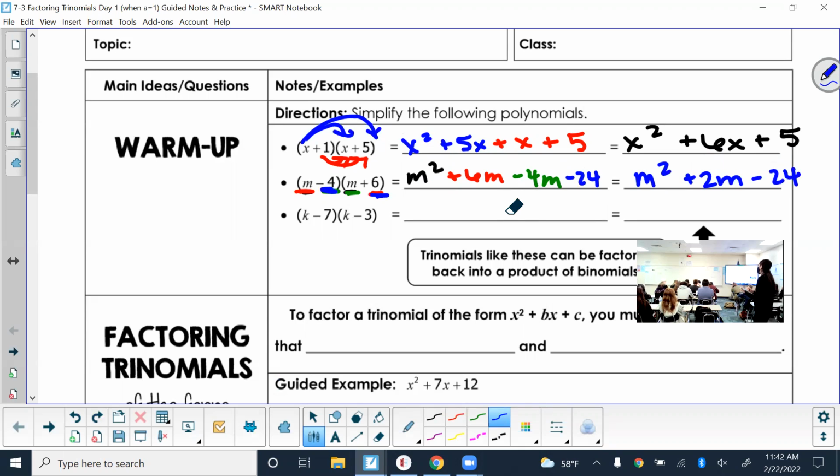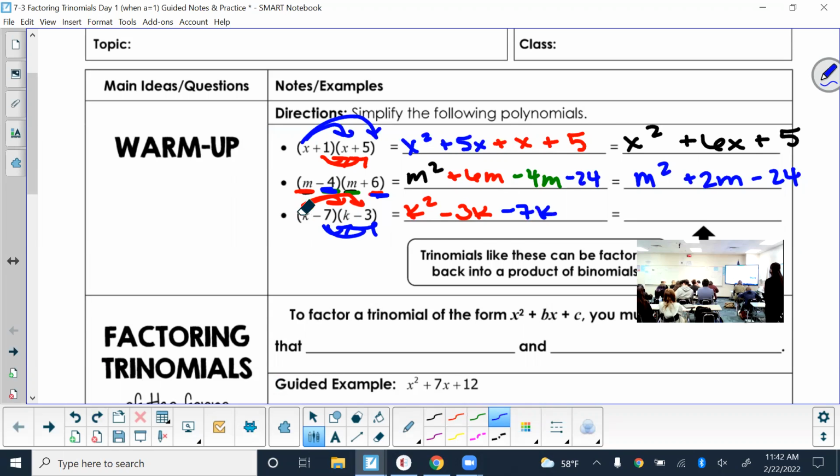So questions on the foiling? All right, so then we'll double distribute to close it out. What's k times k? What is k times -3? Good, and then distribute that -7. What's -7 times k?